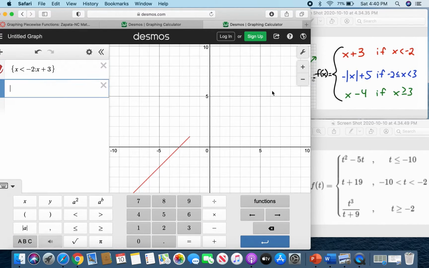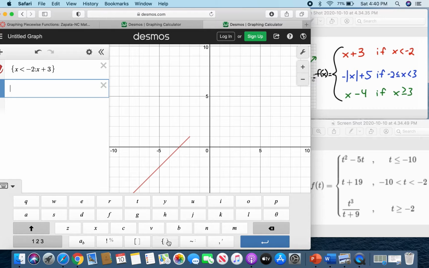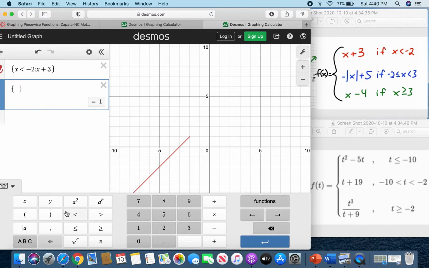After that, we go to the second equation. Write the condition first. Go to ABC, press the braces, and write everything inside the brace. So you have -2, go back, press 1, 2, 3: -2 is less than or equal to x and less than 3.